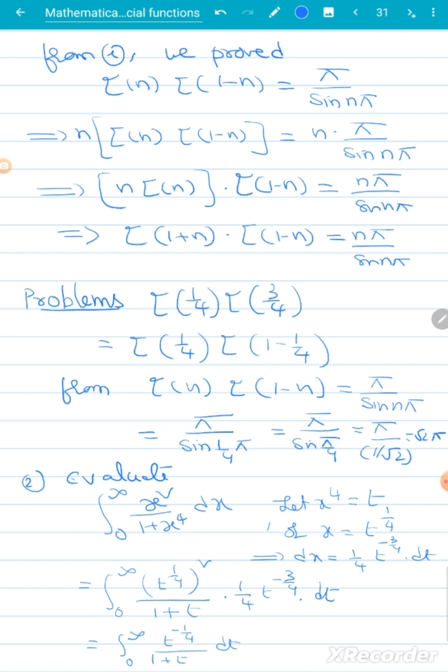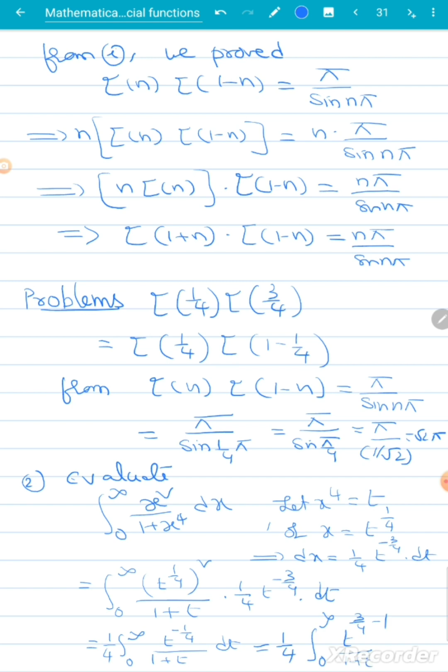So this value can be written as 1/4 into the integration from 0 to infinity of t to the power of n minus 1, where n is 3/4, by 1 plus t.